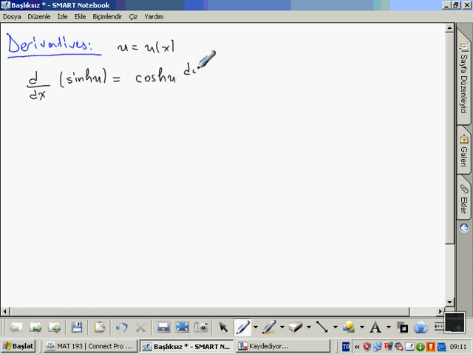And the derivative of cosh u equals sinh u times ∂u/∂x.